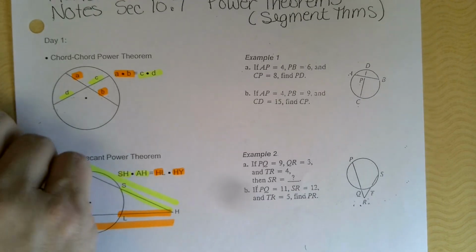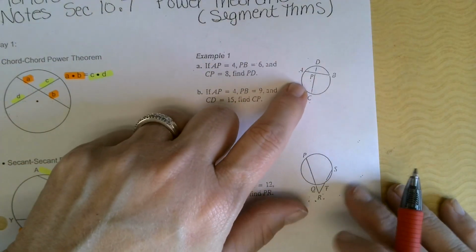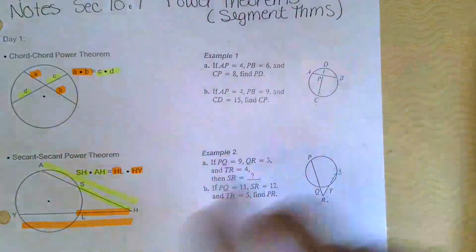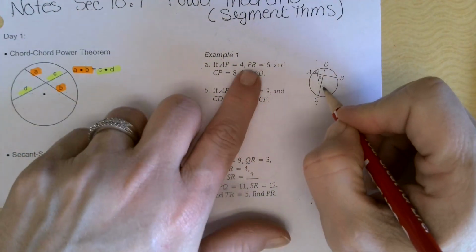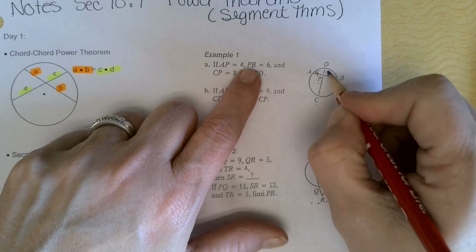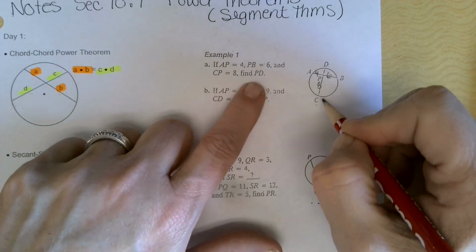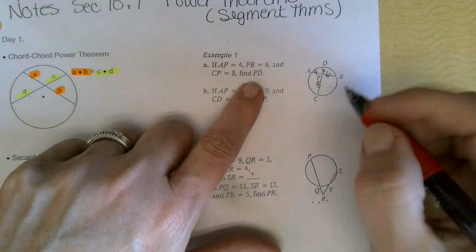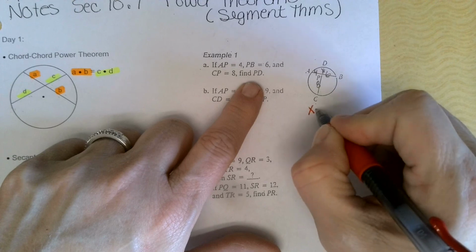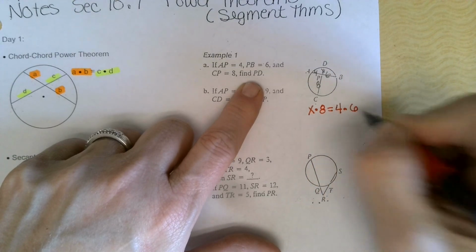Okay. So example number one, and I'm going to use pencil since we have two problems. AP is 4, and PB is 6, and CP is 8, then find PD. So we're simply going to say x times 8 equals 4 times 6.